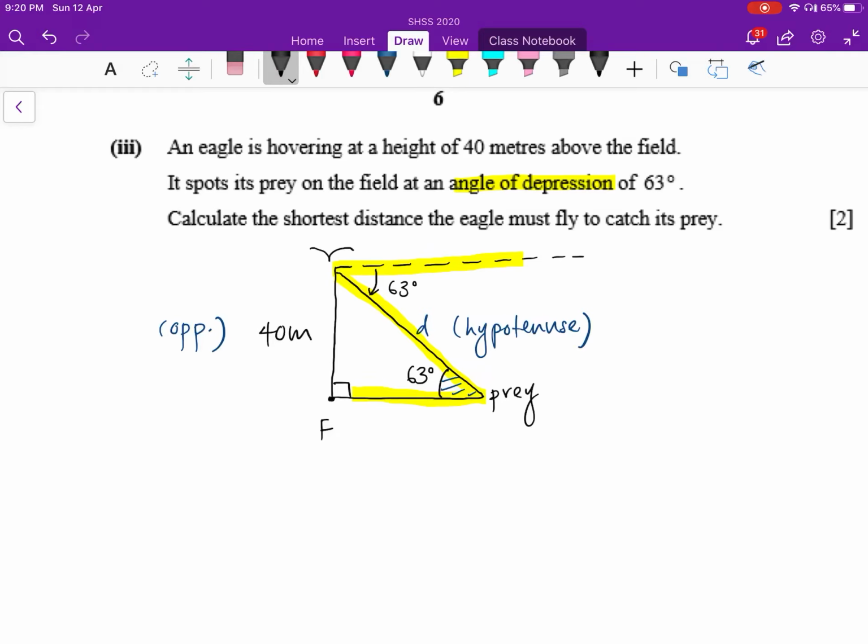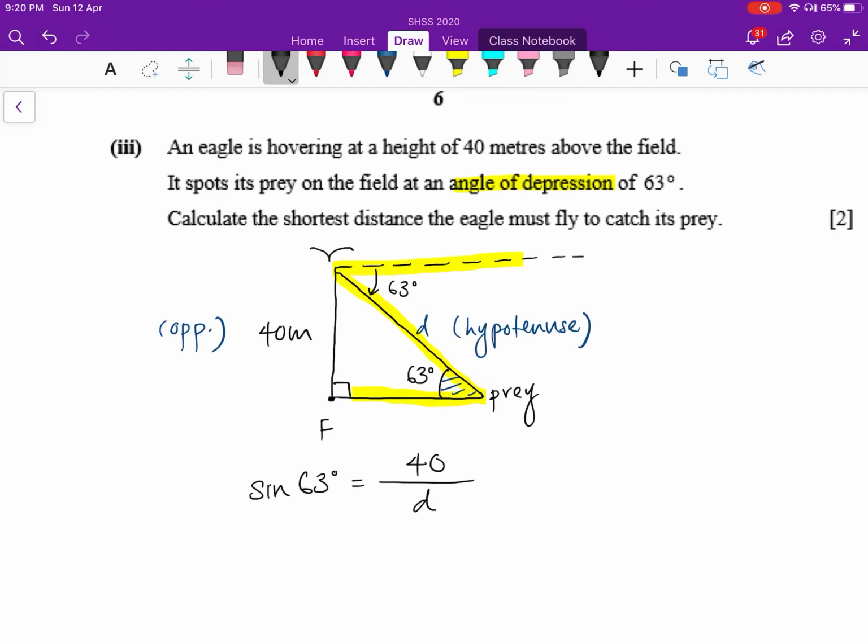With O and H, I will use SOH, which is sine. So sine of the angle 63 degrees equals the opposite, which is 40 meters, over the hypotenuse, which I have no idea what it is, which is D.